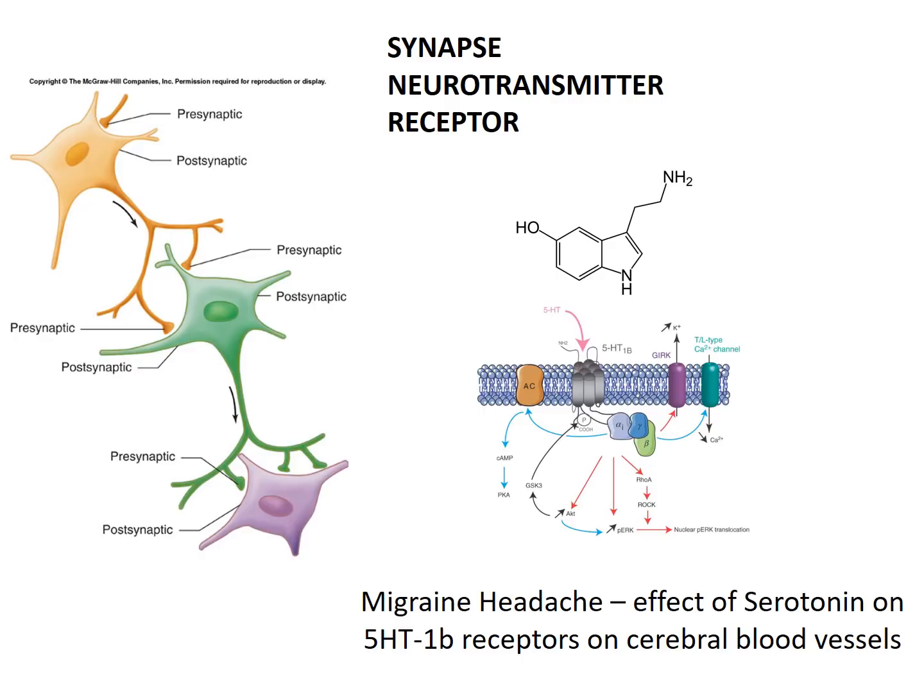All right, last thing we're going to talk about are migraine headaches. And in order to talk about migraine headaches, we have to talk a little bit about synapses and neurotransmitters. Moving a message from one region of the nervous system to another occurs on axons, but sometimes it's not just one axon that goes from one region to the next.